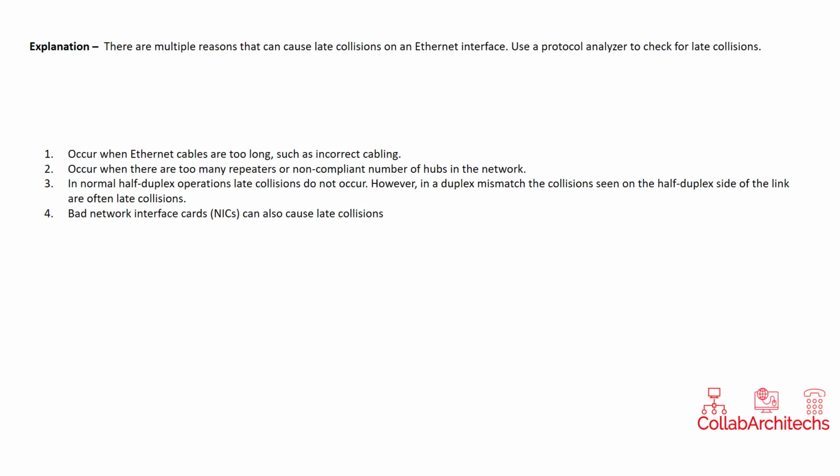If there is a duplex mismatch. In case of duplex mismatch, late collision is happening. And the last reason is a bad NIC. Means if the network interface card is not working properly or is bad, then it can also cause late collisions.